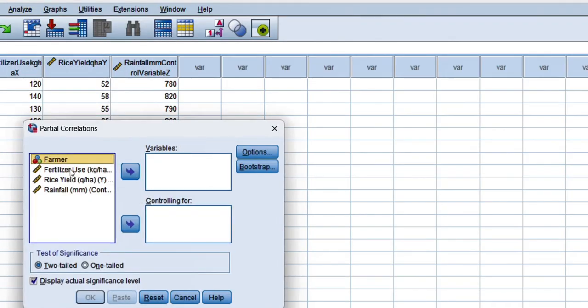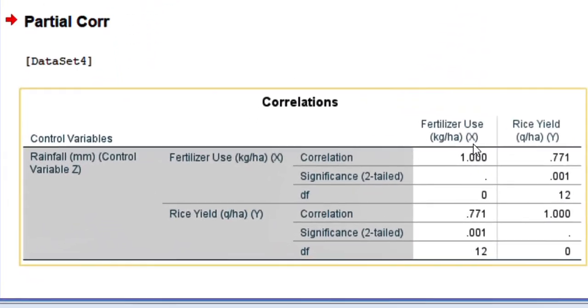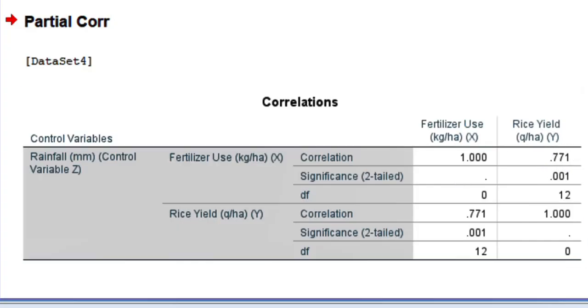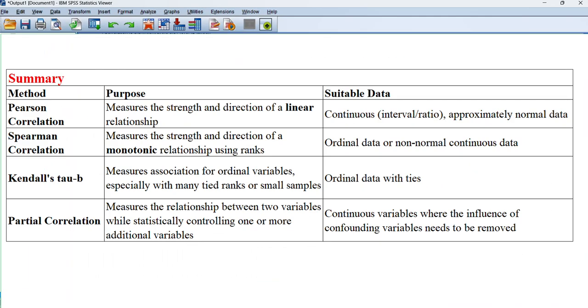Your variables would be fertilizer use and rice yield, and your controlling factor would be rainfall. Click on OK. You can see fertilizer use is not significantly associated with rice yield in this example when we control rainfall. In this manner, you can perform correlations according to your data type.